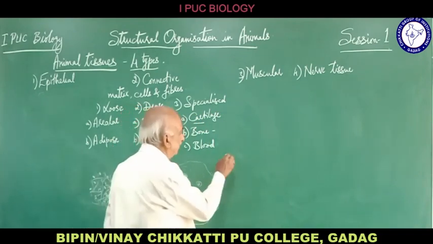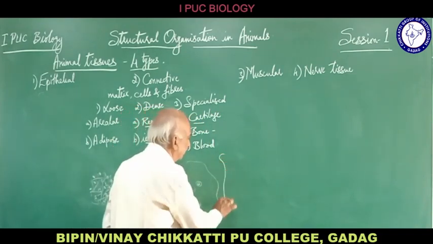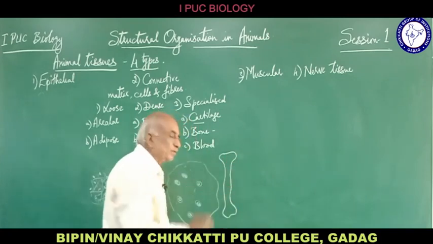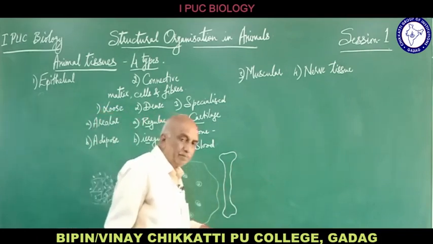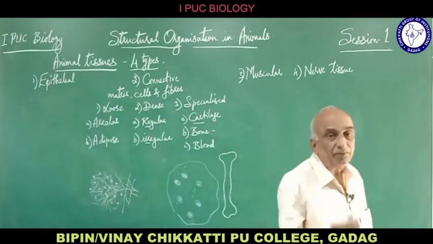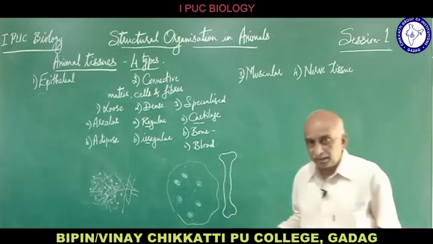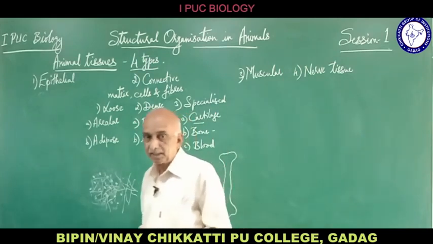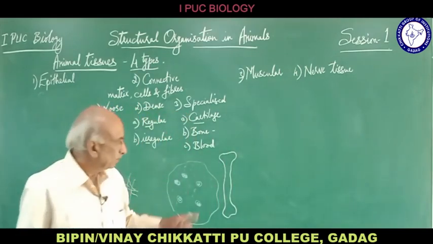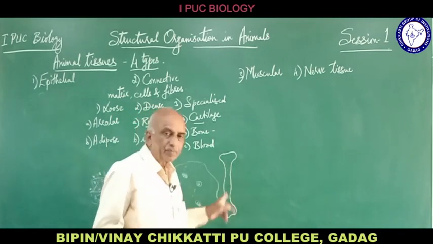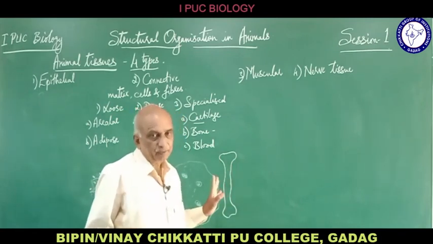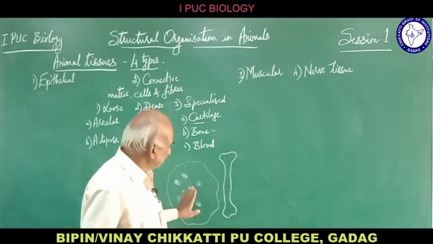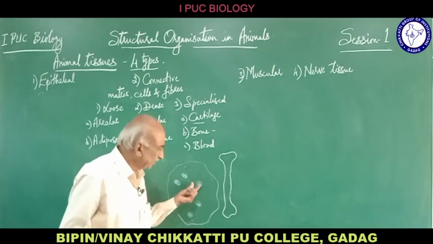Whenever we see a bone, suppose this is the bone, we believe that it is a non-living thing, but when we study the structure of the bone, it contains bone cells, osteocytes. The bone is surrounded by a layer called periosteum, and inside the bone there is matrix. This matrix contains bone cells, which are also present in cavities like this.